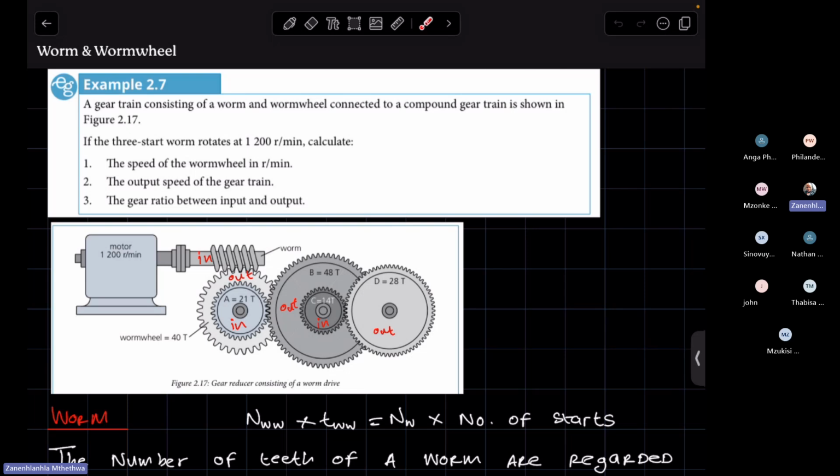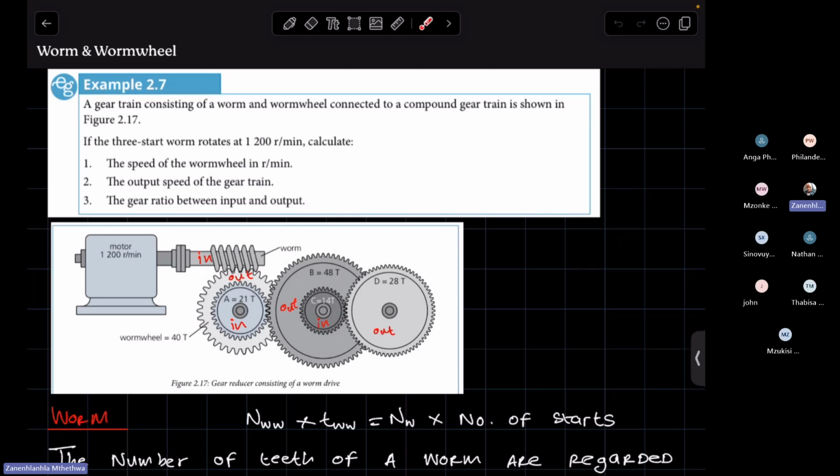Hence, to get the circumferential velocity for a worm: for gears, the circumferential velocity is essentially the rotational frequency times number of teeth. But seeing that for the worm we do not necessarily have number of teeth, what we instead have is number of starts. So the circumferential velocity of the worm would be the rotational frequency of the worm times its number of starts.